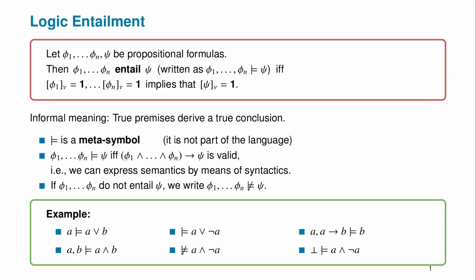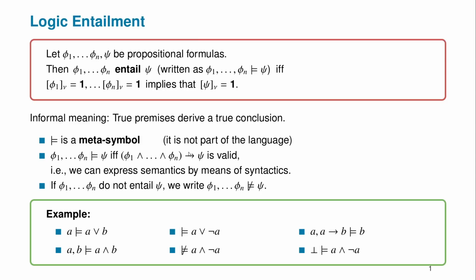So no matter which assignment I choose, this implication evaluates to true. And this is again a trick where we express a semantic property in terms of a syntactical representation or characterization. And if these n formulas do not entail psi, then we just cross this entailment symbol out.